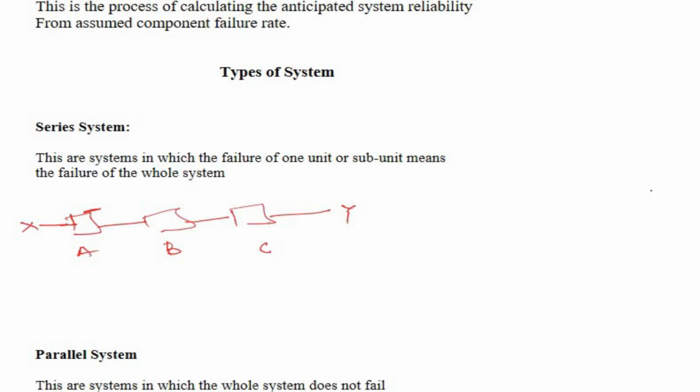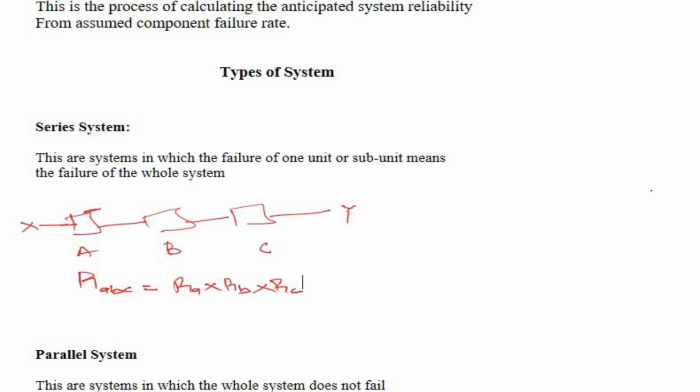And if component C, so the failure of one unit or subunit means the failure of the entire system. So the reliability of the entire system, R of A, B, C, will be equal to the reliability of A multiplied by the reliability of B multiplied by the reliability of C. It is the multiplication rule: if you should have one of them equal to 0, definitely everything will be equal to 0. So this is the probability of a series system.